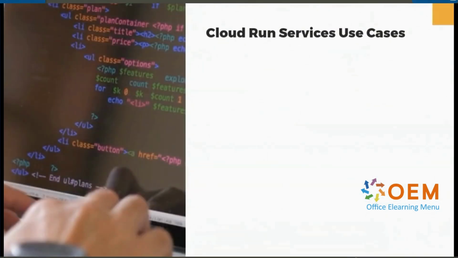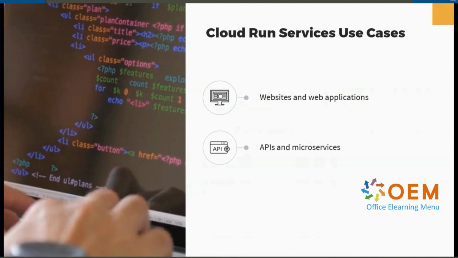Cloud Run is designed to handle a variety of use cases, making it a flexible platform for a lot of different types of applications. Like we say, it's great for running websites and web applications, offers easy deployment and scalability. Another common use is APIs and microservices, where Cloud Run's container-based architecture really shines.